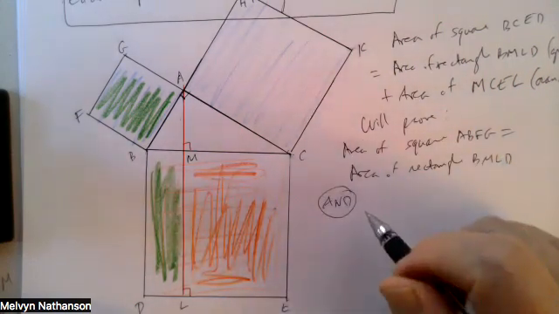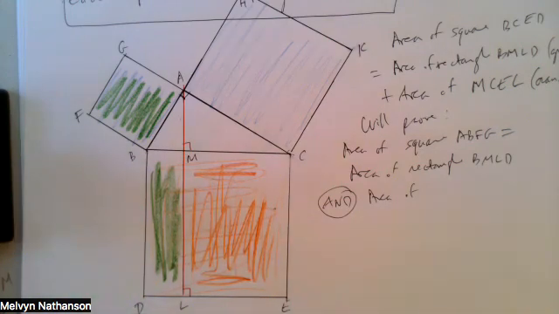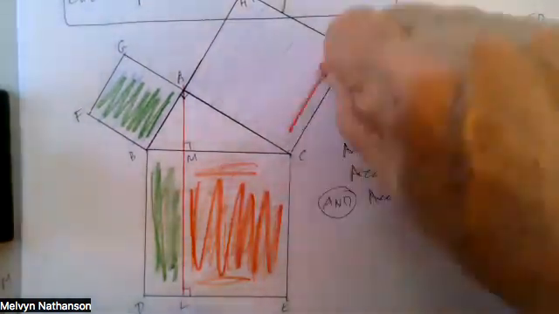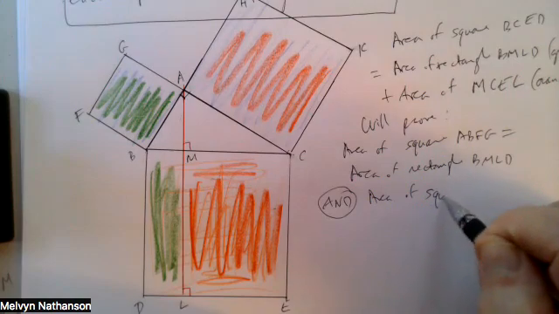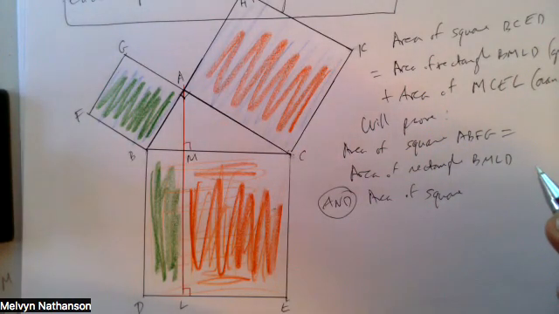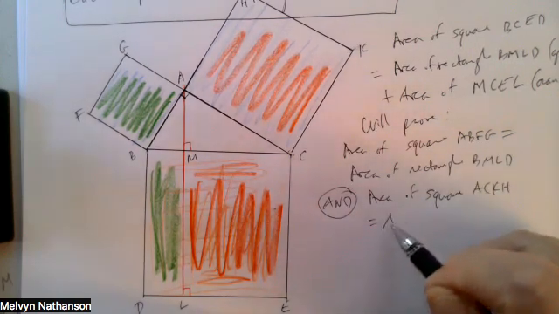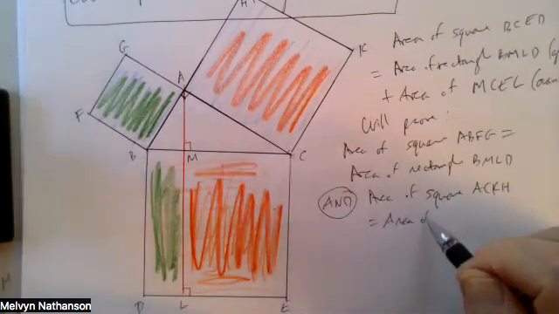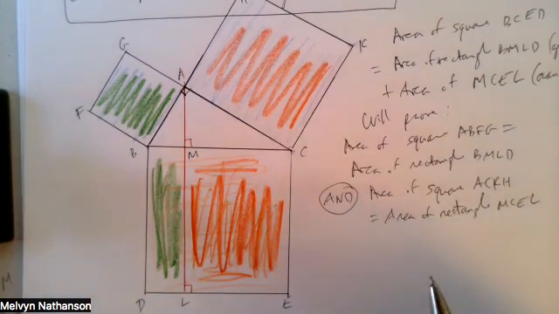And we'll also prove the area of the square on the other side of the right triangle, ACKH, is equal to the area of the rectangle at the bottom, MCEL. So that's the idea of the proof.